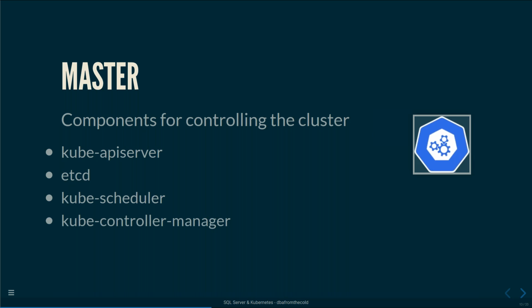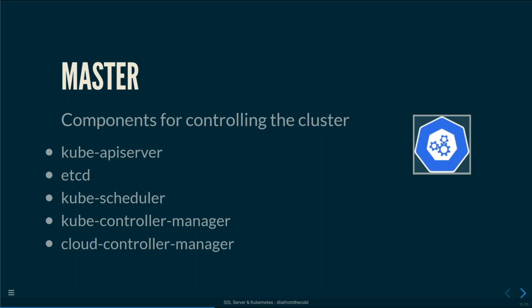The next one is the controller manager. This manages controllers in Kubernetes, and controllers are responsible for things like responding if a node goes down, making sure the correct number of pods are running in the system, and mapping services to pods. And the final one is the cloud controller manager.